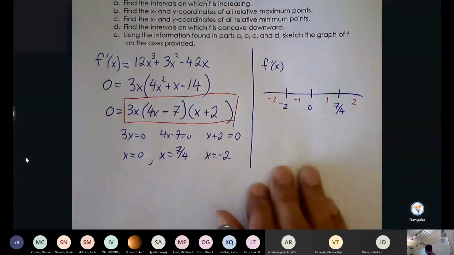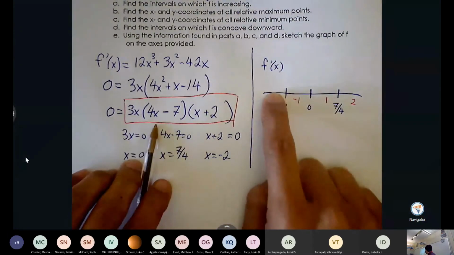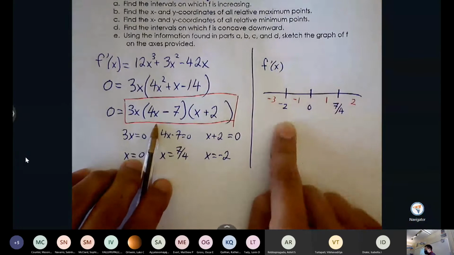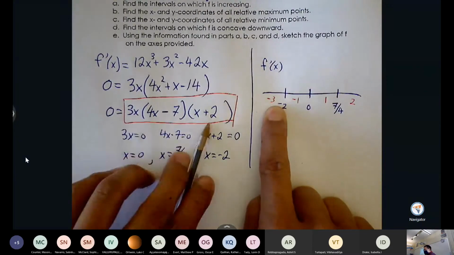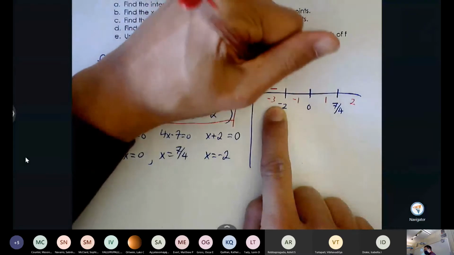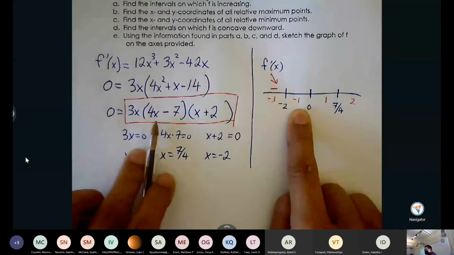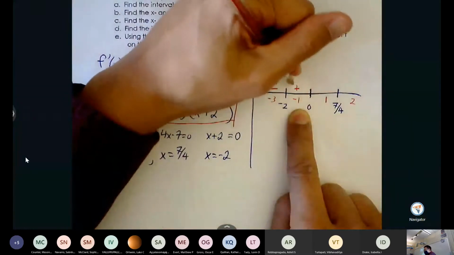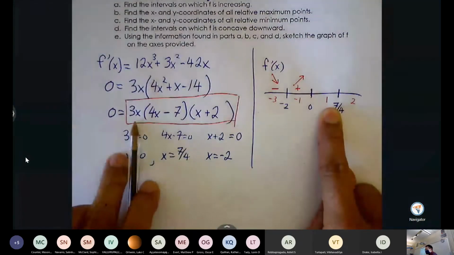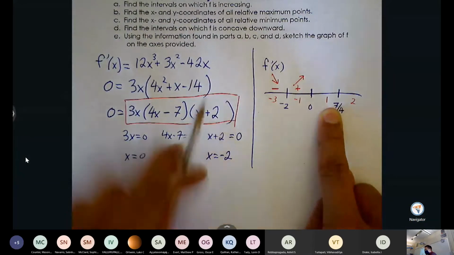Test against the factored form of the derivative. All we want is whether it's positive or negative slope. So at -3, I get negative, negative, negative, 3 negatives, negative. Negative, negative, positive: 2 negatives gives me a positive. Positive, negative, positive: only 1 negative.